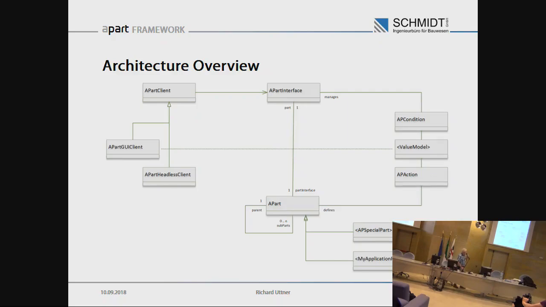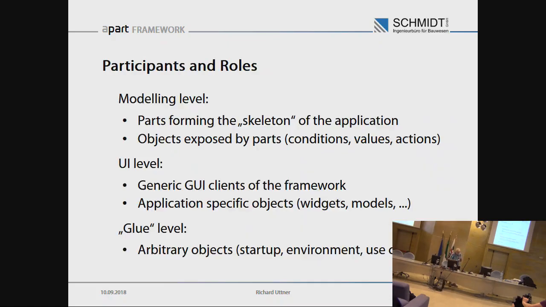And now, before I show you where we have the use cases, interestingly they are not part of this diagram, I give an overview of what we have as participants and roles within this aPart framework. On the modeling level, we have the parts that are forming the skeleton of the application.